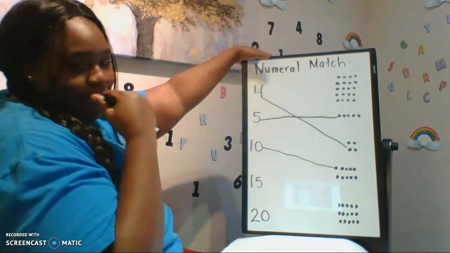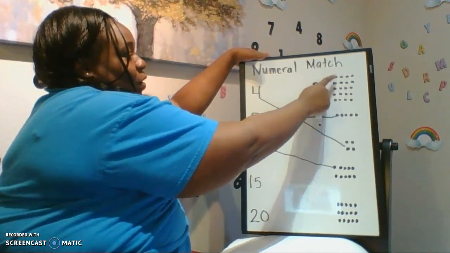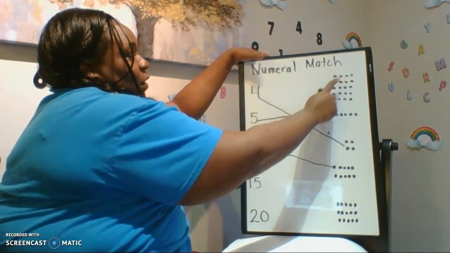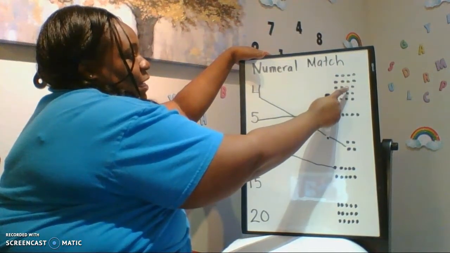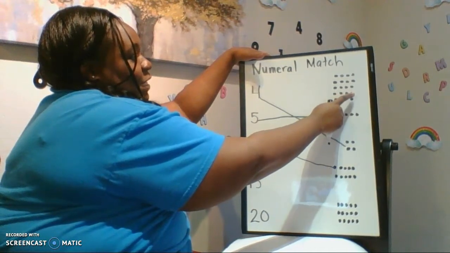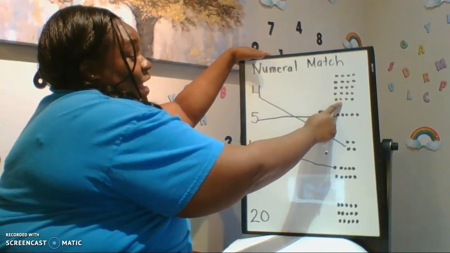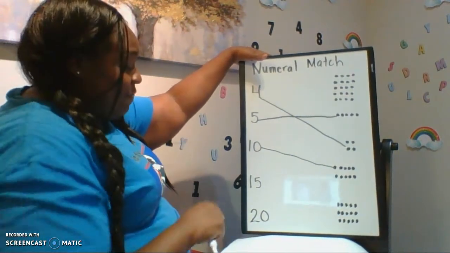Now, which one do you think is 15? You think this one? Let's count. 1, 2, 3, 4, 5, 6, 7, 8, 9, 10, 11, 12, 13, 14, 15, 16, 17, 18, 19, 20. So nope, that's 20. That's not 15.